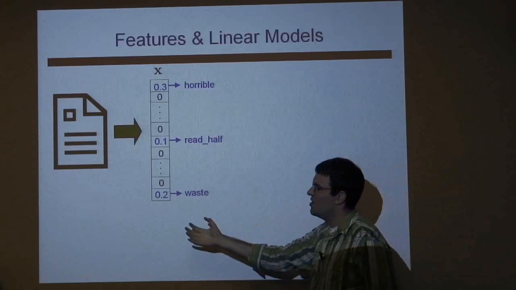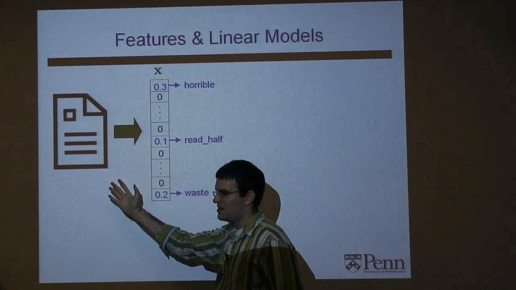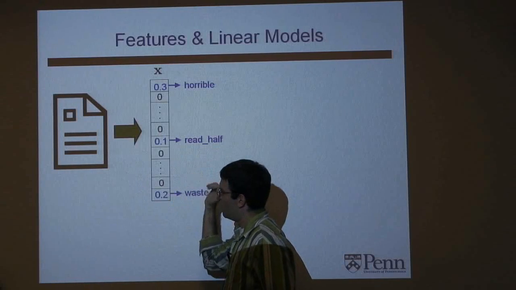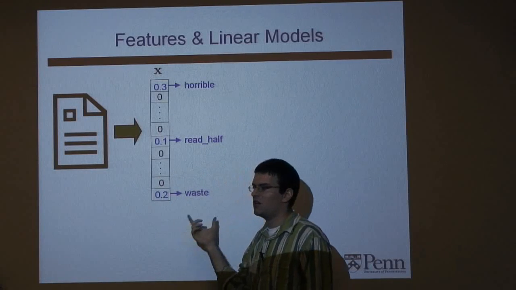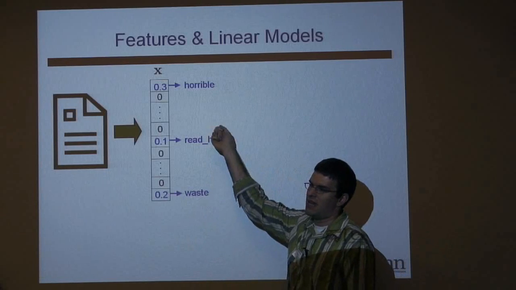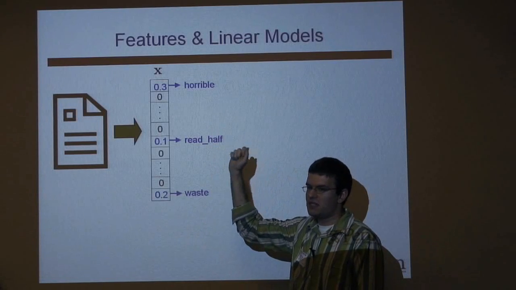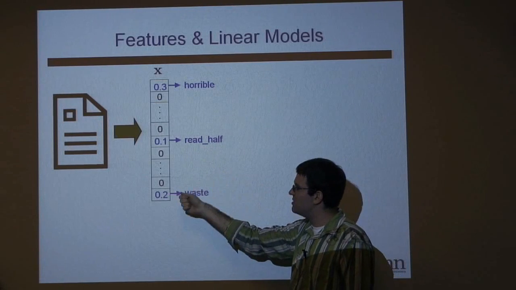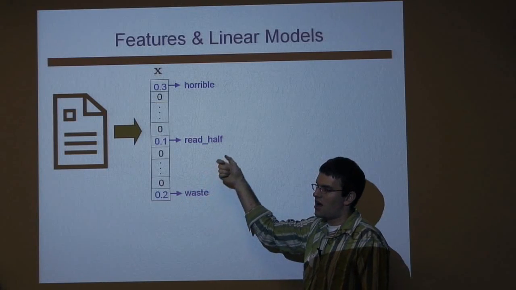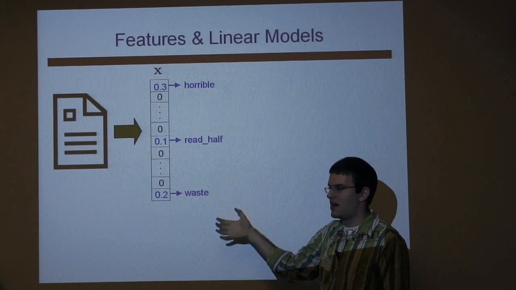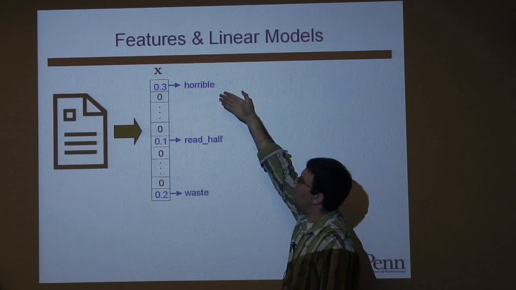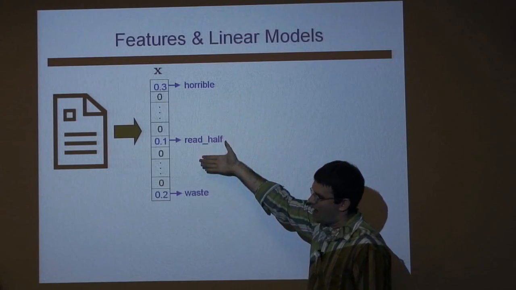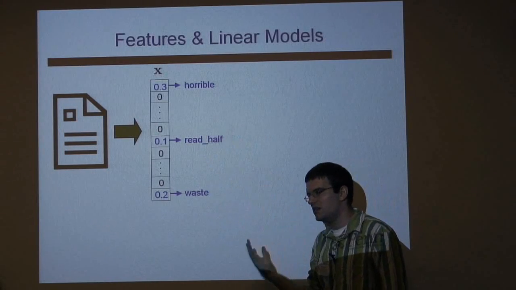The idea is that we're going to take a document and represent it as a vector in a high-dimensional vector space, where each dimension of the vector is a particular feature, like a word or a bigram in the case of sentiment. And for a particular instance, the dimensions which have positive non-zero values are those words which actually occur in the document. So here you say, oh, well, the word horrible occurred 3 times in this book review, I give it a 0.3. Read half occurred once, I give it a 0.1, and so on.